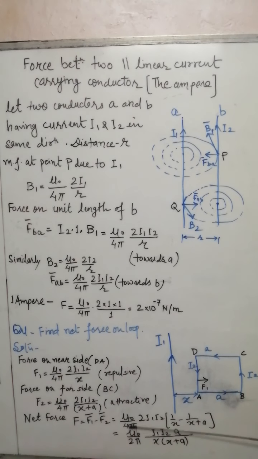So mu naught by 2 pi I1 I2, and on solving this, you will get a by x plus a. This will be the net force experienced by this square shaped loop. So this is all about the force experienced by a current carrying conductor in a magnetic field.